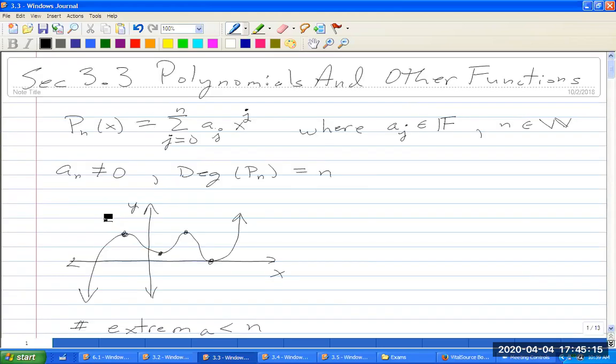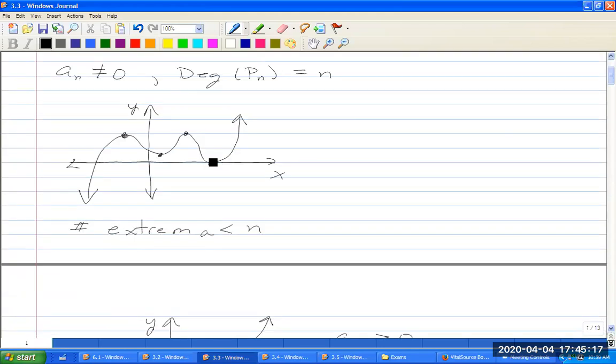Good. Suppose a root here will be someplace where it crosses the x-axis. In this case, suppose that this was an even root here, then notice it bounces off the x-axis. Whereas if it has an odd multiplicity, it passes straight through the x-axis. So even bounces, odd passes through.